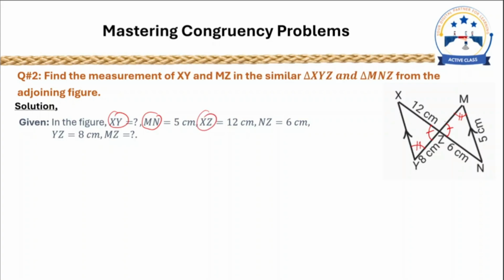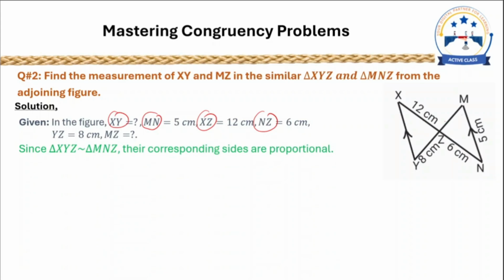Likewise, XG means this side, and NG means this side. They are corresponding sides, right? Because XG is opposite to angle Y, angle Y is equal to angle M, and the side opposite to angle M is NG, means they are corresponding sides. YG and MG, they are also corresponding sides.